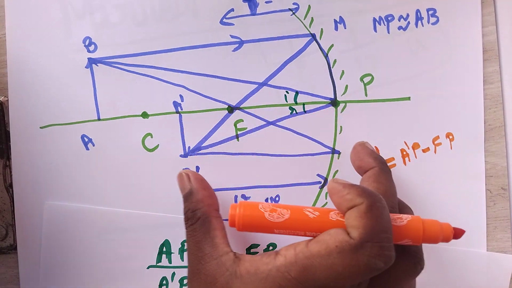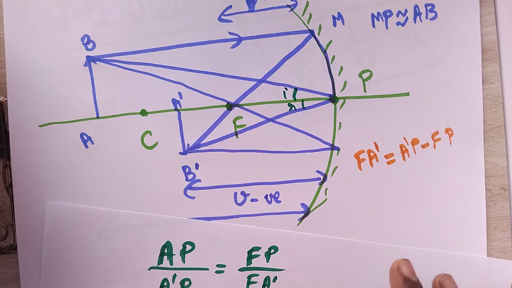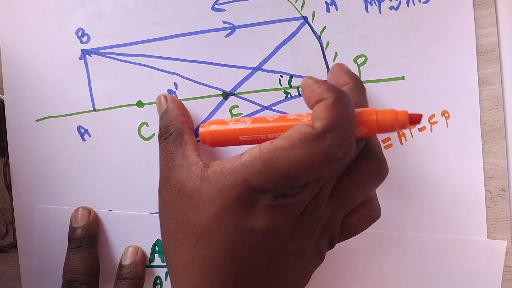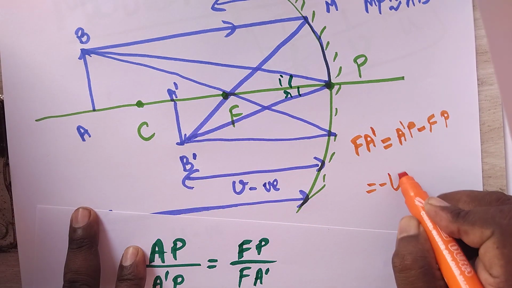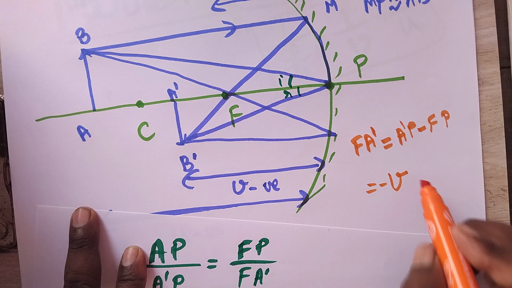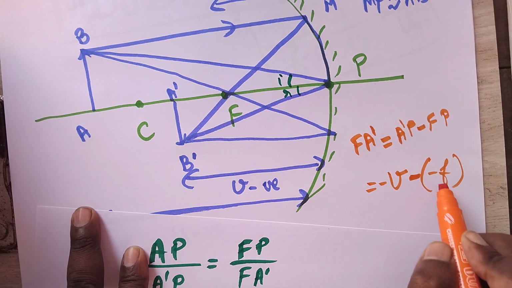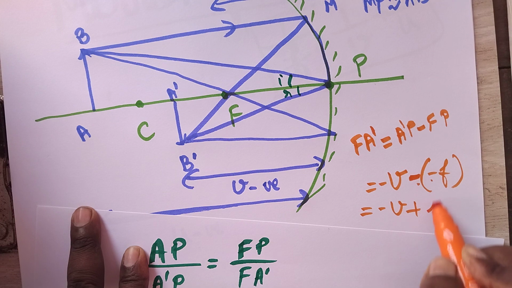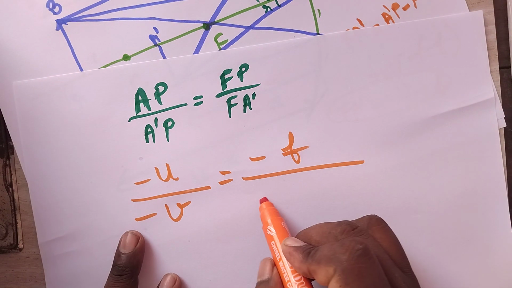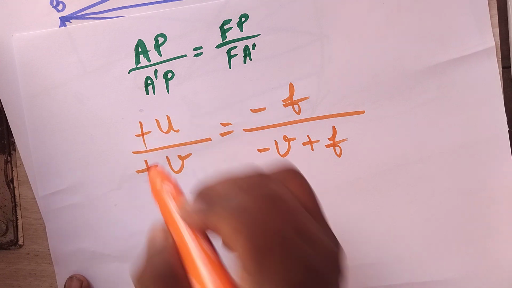A dash P is minus V, minus FP, which is minus focal length, so minus V minus minus F, which gives minus V plus F. So FA dash is minus V plus F. So this and this will get cancelled.